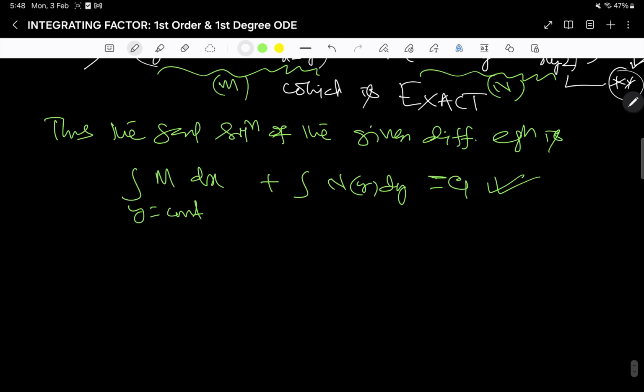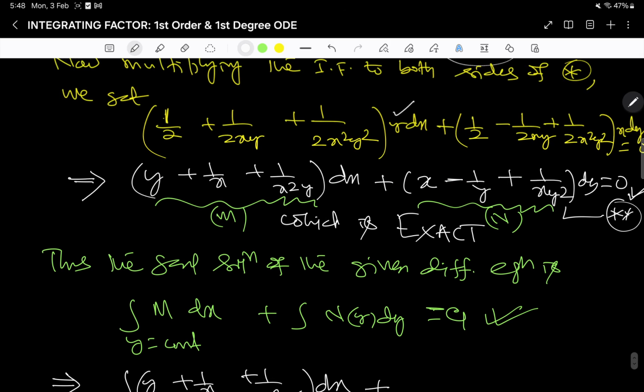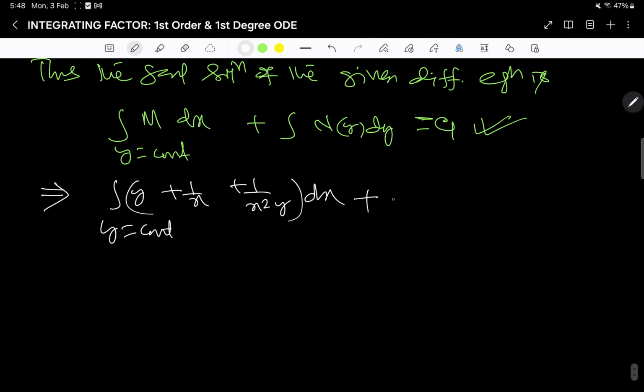So this implies I have integration of y plus 1 by x plus 1 by x square y dx, y equal to constant, and here you see this is not free from x, however this is free from x, plus integral of minus 1 by y dy is equal to some c1.